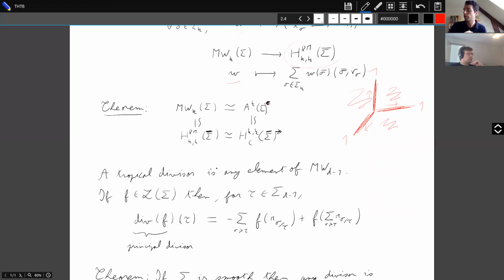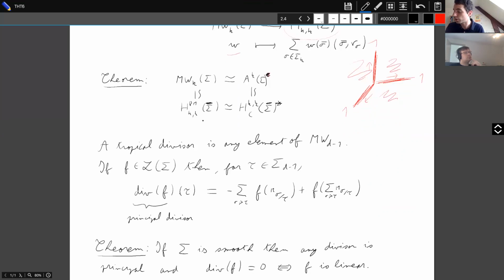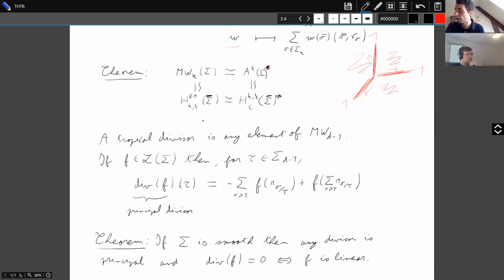So the image of this is supported on the finite cone. We have nothing at infinity, but it's sufficient to have all the (k,k) cycles. And I call a tropical divisor any element of MW_{d-1}, so any tropical cycle of dimension d-1, of codimension 1.